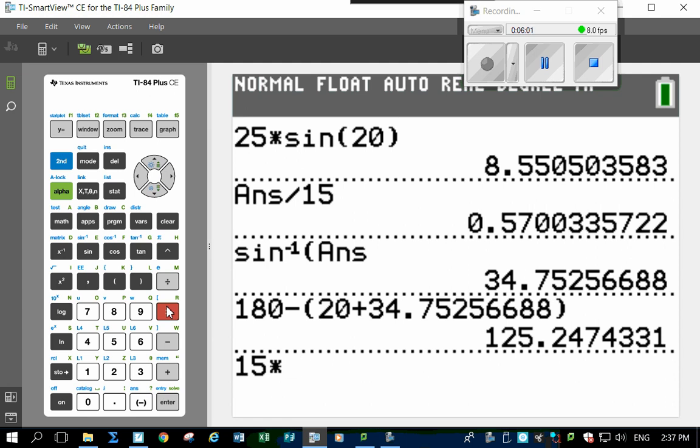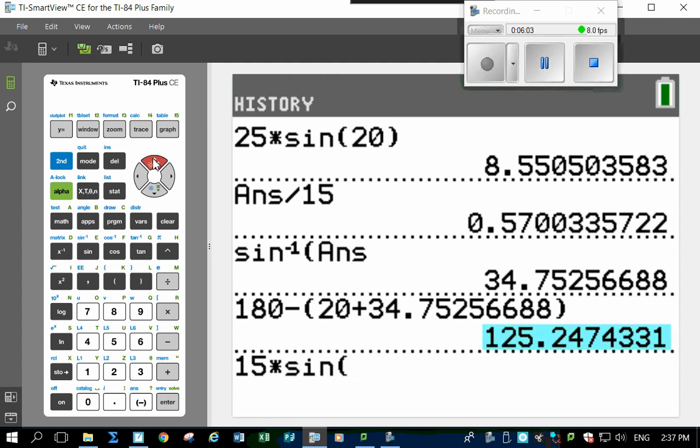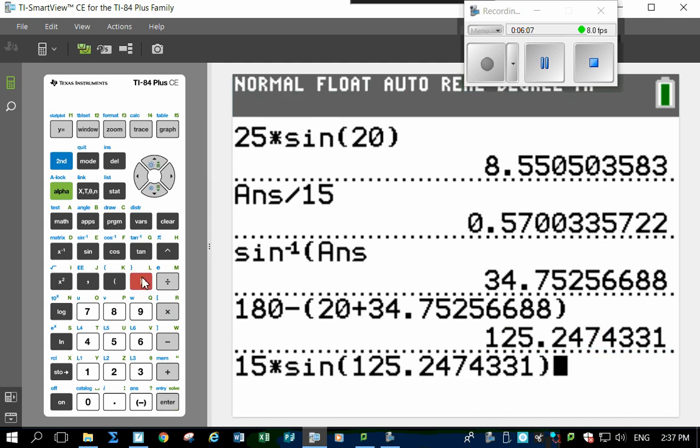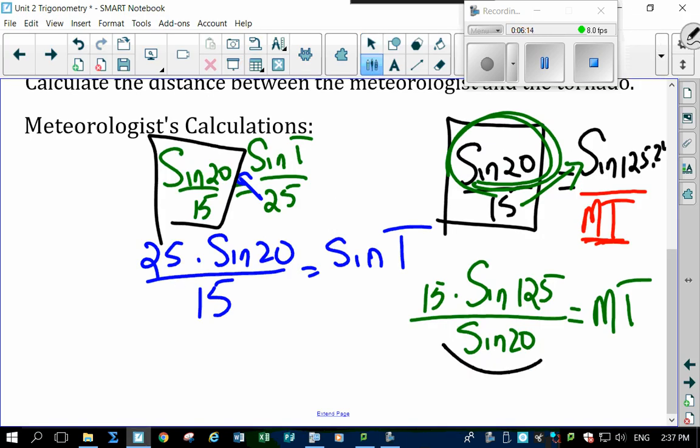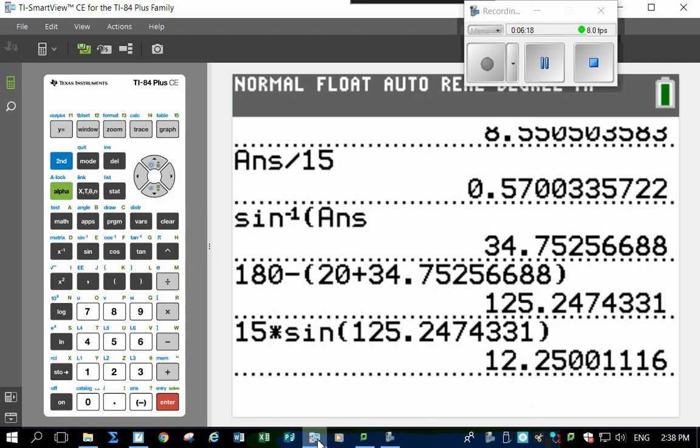Well, it's already in your calculator, so that's the number there. Hit enter. Perfect. Remember then, it was divided by what? It was divided by sine of 20. So let's divide this guy by the sine of 20.